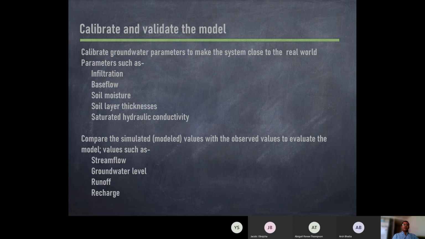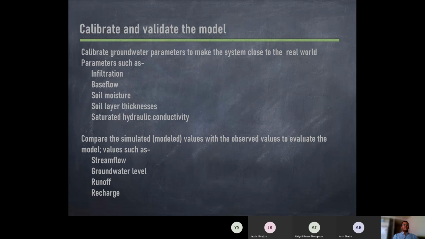Say the flow capacity of this specific layer is 10 millimeters per second or something like that, I'm just giving you a rough example, but that didn't work well. Maybe the water level is 5 meters below the land surface, but I have some observation data that says it's 7 meters below the land surface.